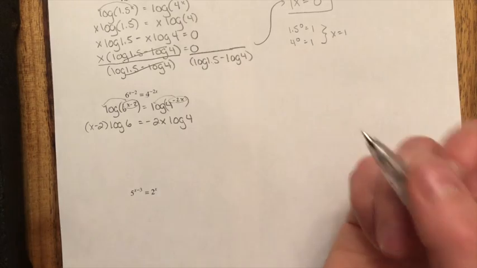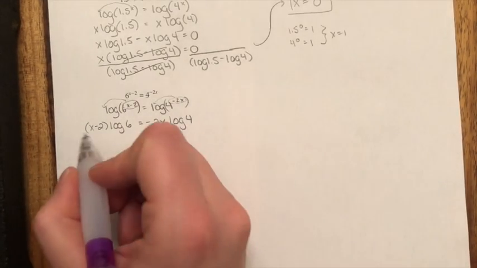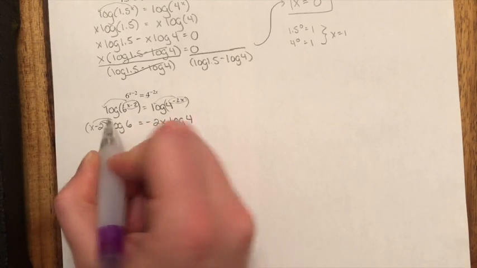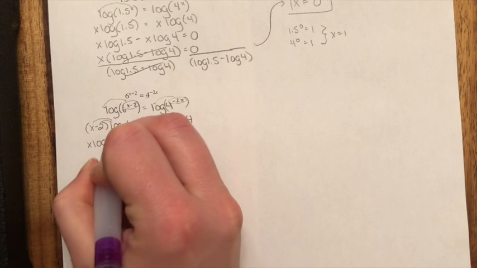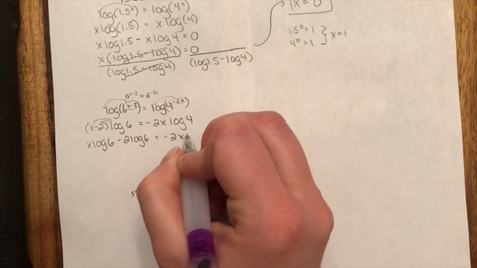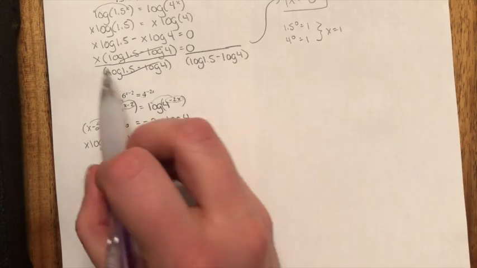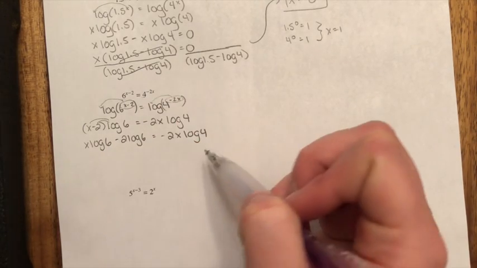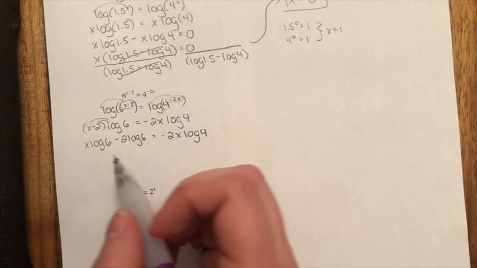When we need to get our x's on one side of the equation, the first thing we need to do is multiply this log 6 into these brackets. This is going to be x log 6 minus 2 log 6 is equal to 2x log 4. And then again, like we did up here, we need to move the x's to the same side so we can factor them out, pull that x out by itself.